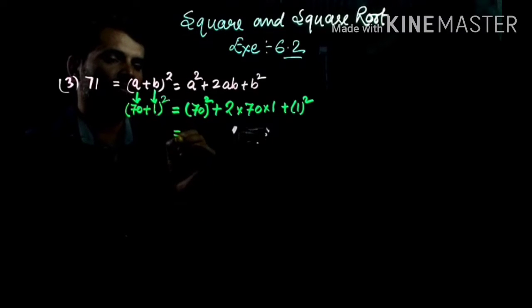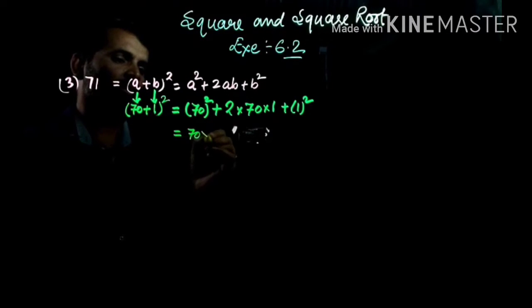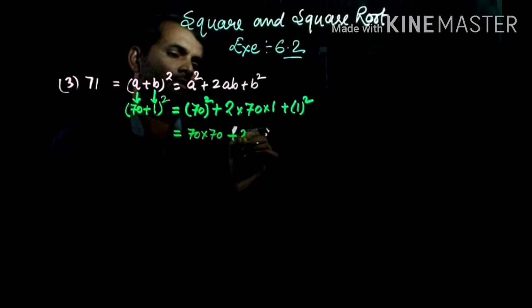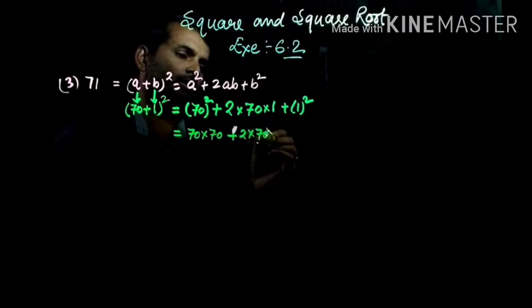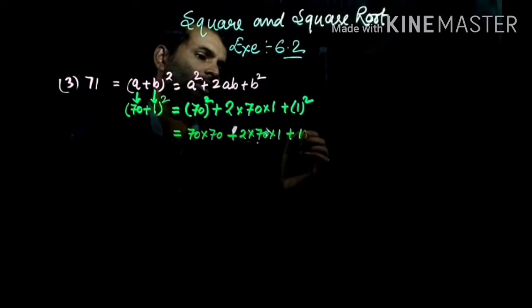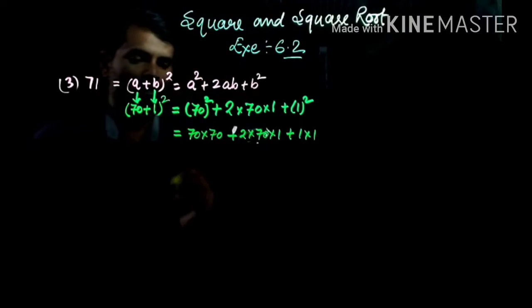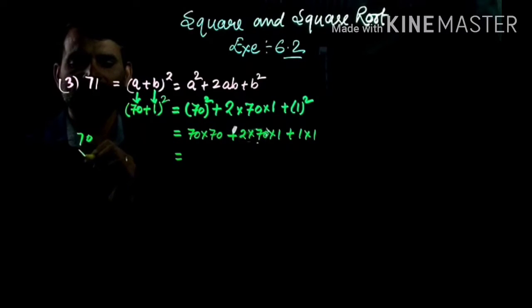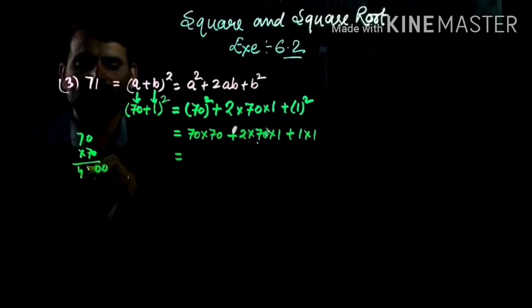Now 70 square means 70 into 70, and 2 into 70 into 1, plus 1 into 1. Now 70 into 70 is 4900.